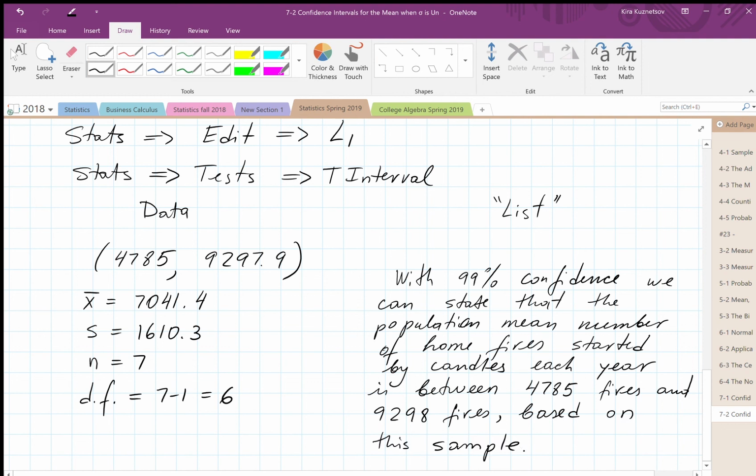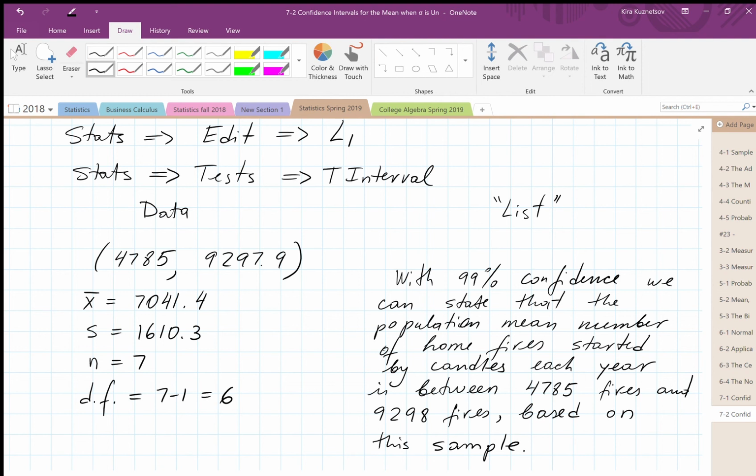Please note that the sample is n equal to 7. I've managed to organize only 7 years. If I have n equal to 7, my interval with 99% confidence is going to be very big because I really can't tell much when I organize data of 7.